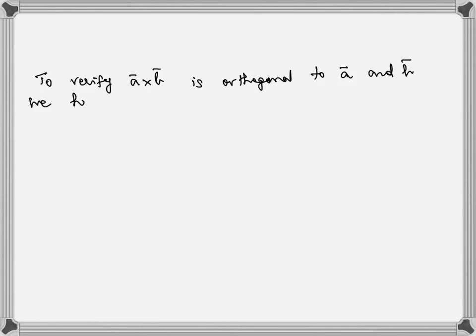So let's try to do that part here. To verify that A cross B is orthogonal to vector A and vector B, we have to show their dot product is 0, which means we have to show A dot A cross B is 0, and B dot A cross B is also 0.